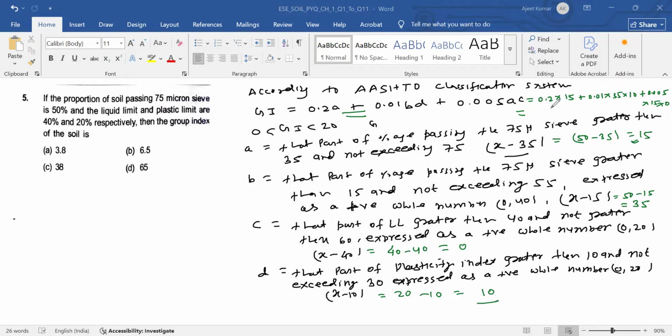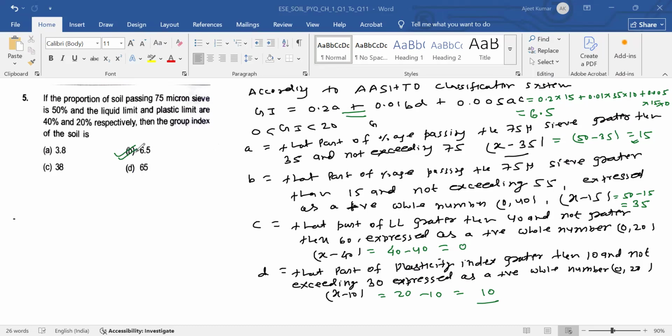Multiplying and adding, this is 0.2 multiplied by 15 plus 0.01 multiplied by 35 times 10, which gives 3 plus 3.5, so the group index is 6.5. Okay, so the answer will be this.